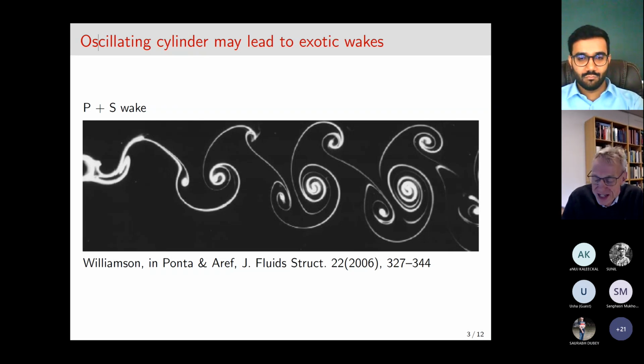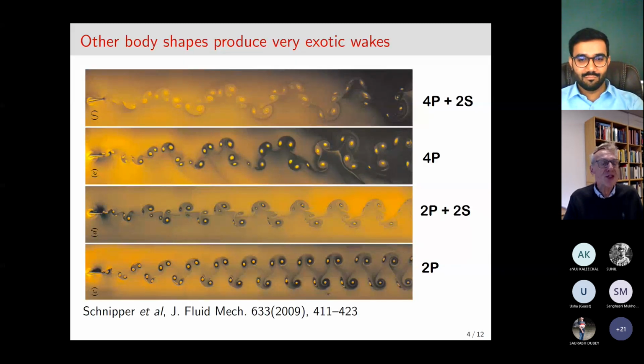So this is an example of an exotic wake, and you can get things that are even more exotic if you have other body shapes. So here's a series of examples where the body is a flapping foil. You can see the foil up here. This is again experiments in a soap film, where you can get very complicated patterns like 4 pairs and 2 singles being shed through a period, and other very complicated structures like this.